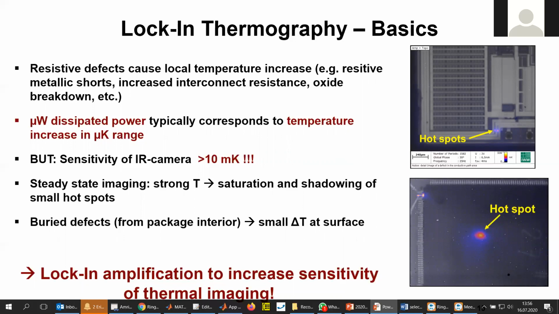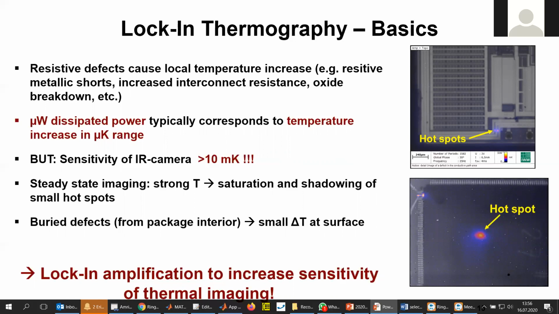defect. However, in microelectronics, we usually just induce microwatts of power, and these microwatts of dissipated power typically correspond to temperature increases in the microkelvin range. However, the sensitivity of the camera is above 10 millikelvin.